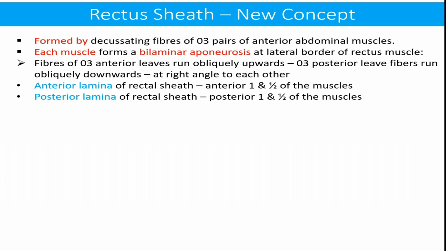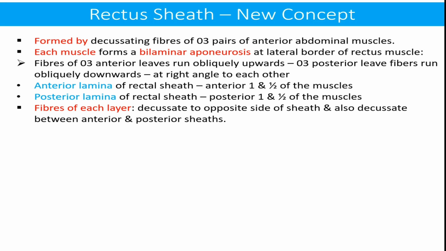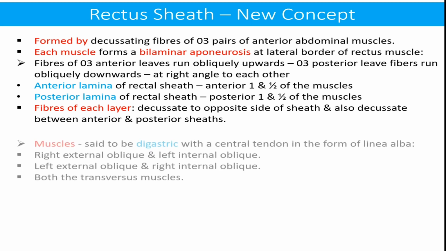The anterior lamina of rectus sheath is formed by anterior 1.5 of the muscles, whereas the posterior lamina of rectus sheath is formed by posterior 1.5 muscles. Fibers of each layer decussate to opposite side of the sheath and also decussate between anterior and posterior sheaths.